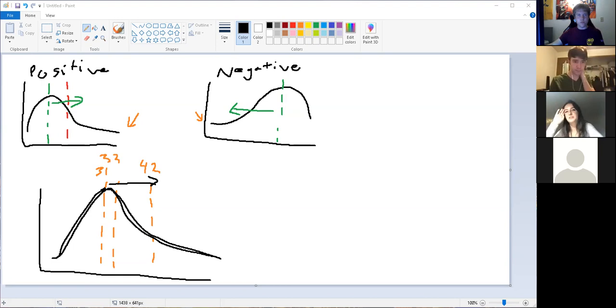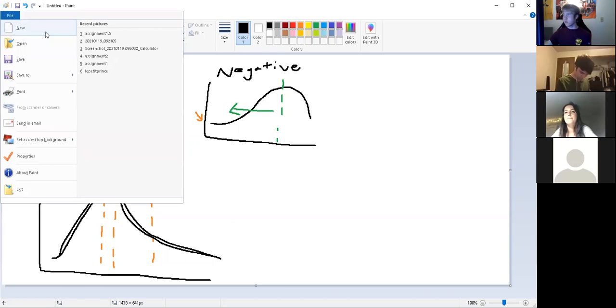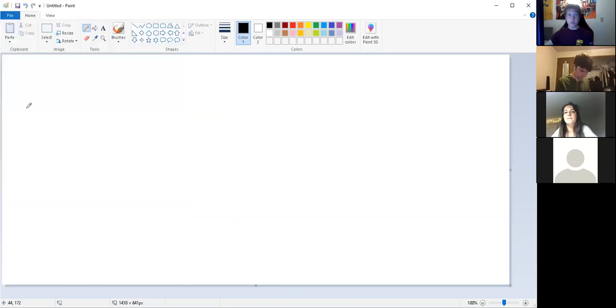I still have questions about interquartile range. Oh, okay. So interquartile range. If we have some data here, I'm just going to do numbers counting up to 9.